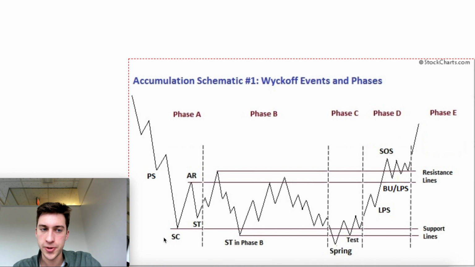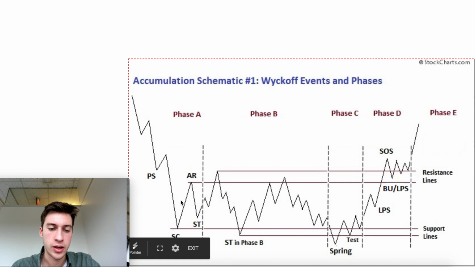If that does occur, it might mean that the downtrend will just continue, and this won't even be accumulation at all. Because what you might see there is this coming up to previous support, becoming resistance, and then going down even lower, continuing a downtrend. So we don't want to see the first ST go below the climax here.